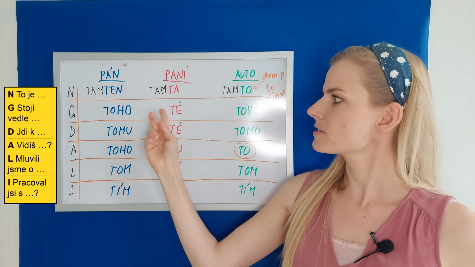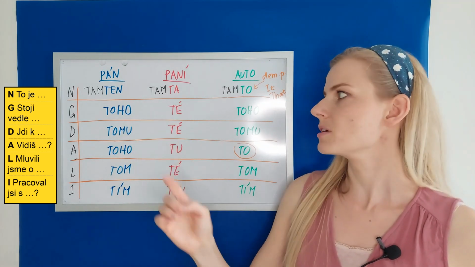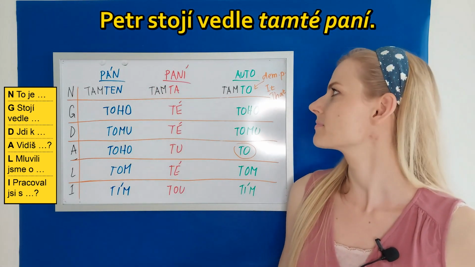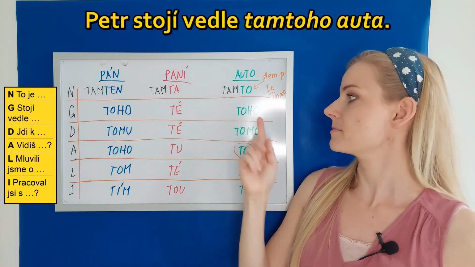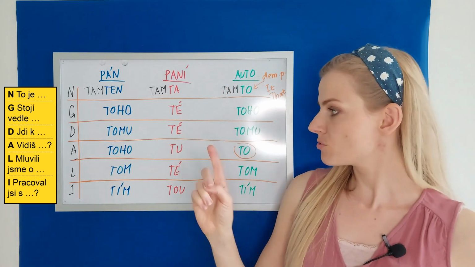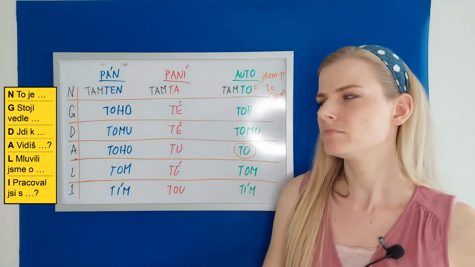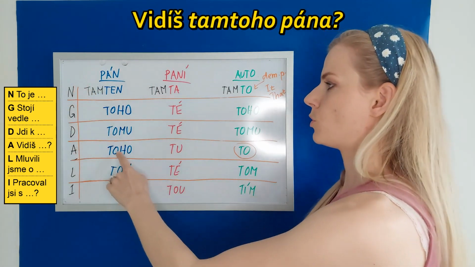Now tell me, how do you say Peter standing next to that woman over there? Petr stojí vedle tamté paní. And that's all. Petr stojí vedle tamtoho auta. Let's do accusative. Do you see that man over there? Vidíš tam toho pána?